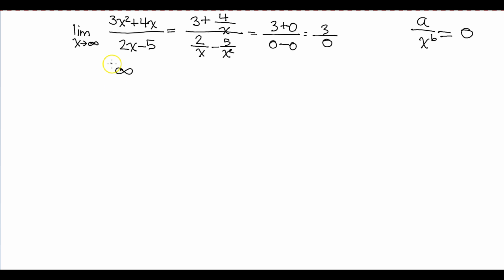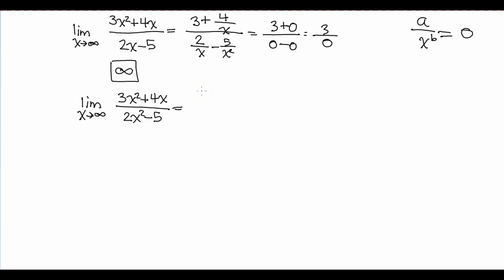Okay? However, let's do the exact same problem except with a little change. We're going to do a similar problem. The limit as x approaches infinity of 3x squared plus 4x over 2x squared minus 5. Now, we want to divide by the highest power in the entire expression. Okay? So we're going to divide by x squared.